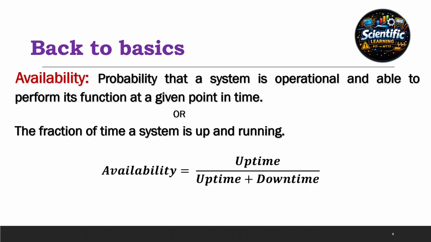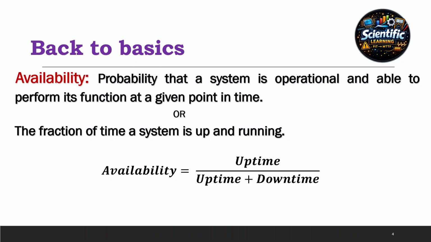Availability is equal to the uptime divided by the total time, that is the uptime and the downtime of the system. Uptime is the time during which the system is functioning properly, and downtime is the time the system is unavailable due to failures, repairs, or maintenance.